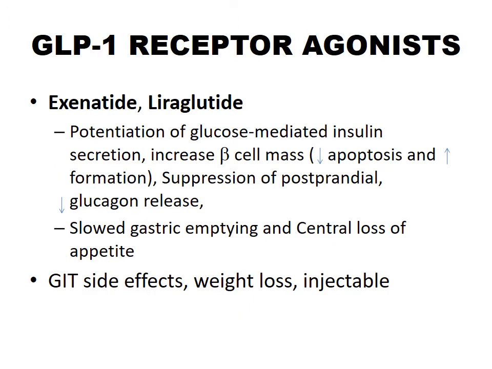Glucagon-like peptide 1 receptor agonists, such as exenatide and liraglutide. These drugs have been found to reduce the plasma glucose level through several mechanisms, including increase in insulin secretion, increase in beta cell mass by decreasing apoptosis and increasing the formation of new cells, suppression of postprandial glucose level, decreasing glucagon release, slowing gastric emptying rate, and a central effect to cause loss of appetite.